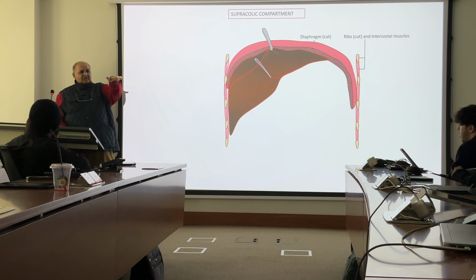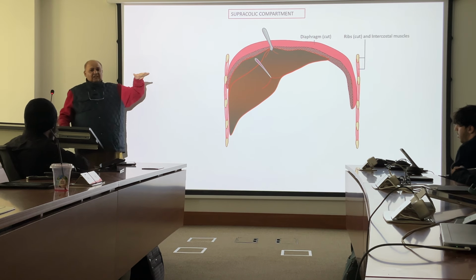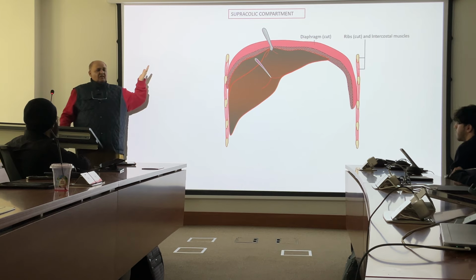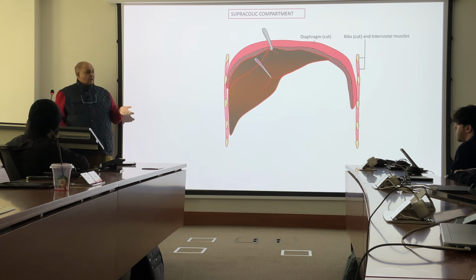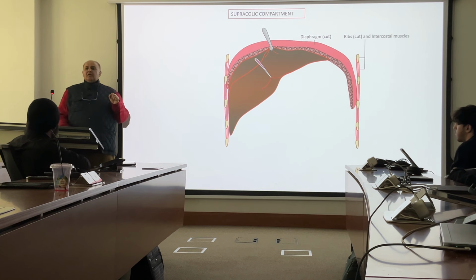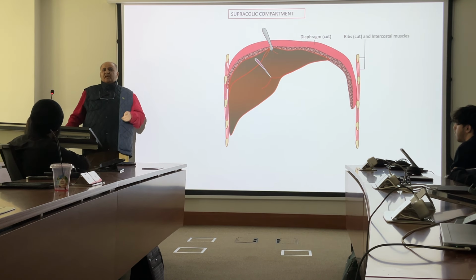So this mesentery creates a shelf, a roof. Above it, we call it the supracolic compartment. Below it, we call it the infracolic compartment. There is only one organ which travels from supracolic to infracolic, and that is the duodenum.